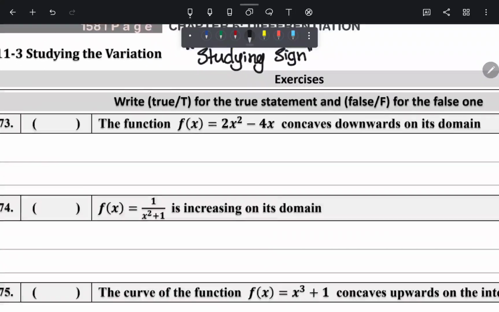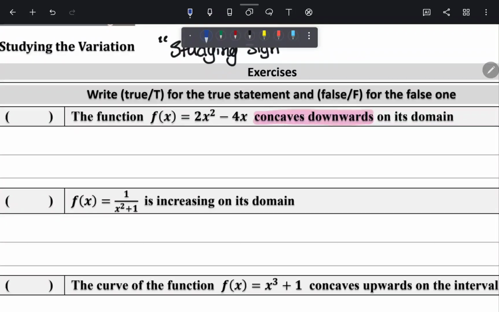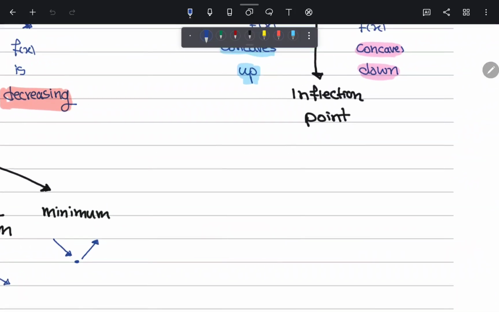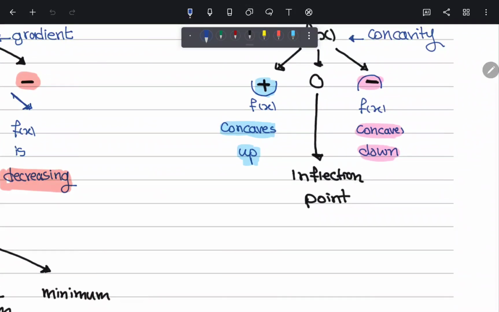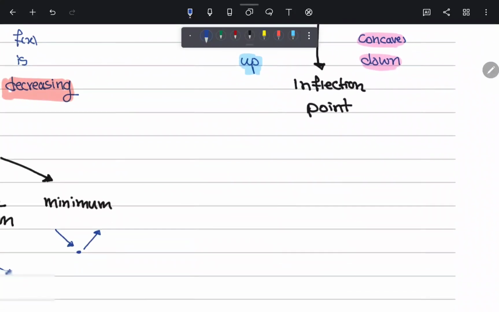Look, he says the function f of x equals 2x squared minus 4x concaves downwards on its domain. True or false? Concave down, when does it happen? When the second derivative is negative.